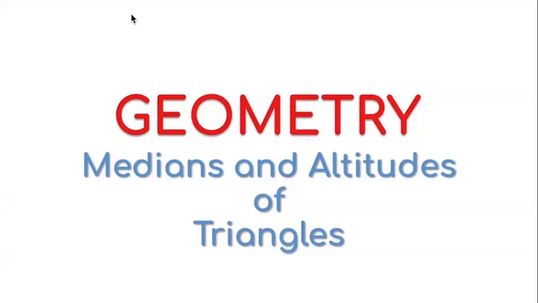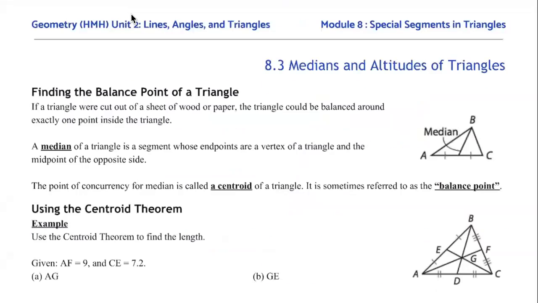All right, guys. So let's get started. Finding the balance point of the triangle. One of the ways to do that is actually to understand first what a median is, right? But before we could talk about that, the balance point is like, let's say you cut something out on a piece of paper or wood, make a triangle out of it.